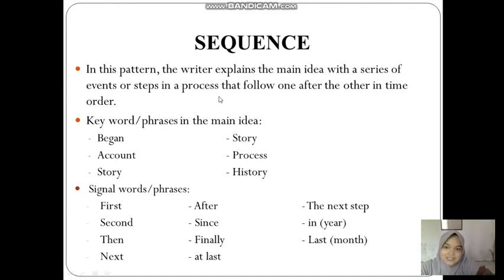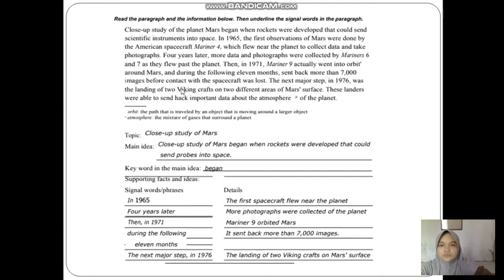So the example of sequence pattern here is procedure text. Procedure text is one example of sequence pattern. Okay, we move to the example.